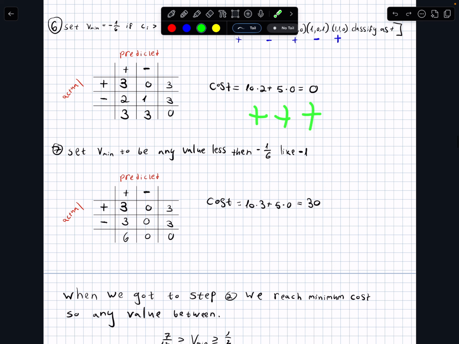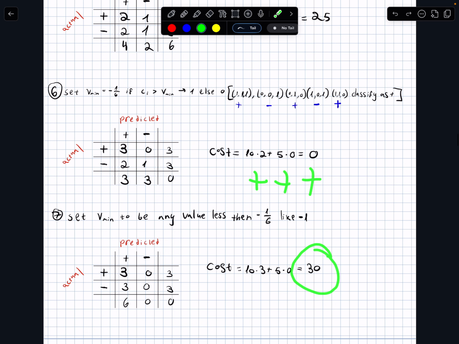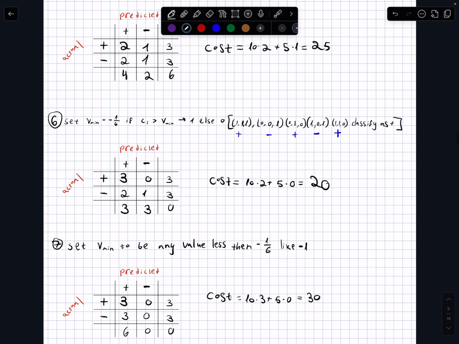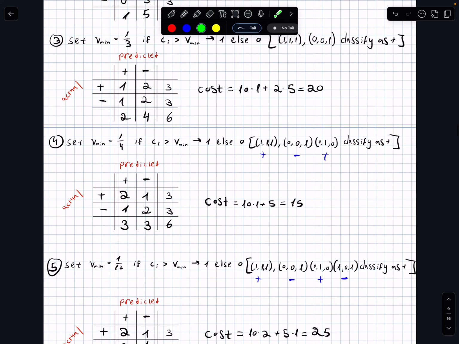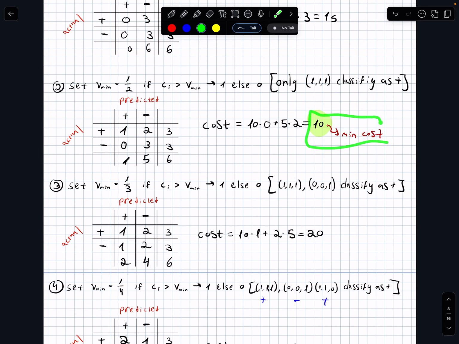So we see that the cost is 30, which makes sense, by the way. And sorry, here it was 20. Anyway, this is the cost, and we can see that the actual minimum is what we saw here. So this is the best cutoff point.